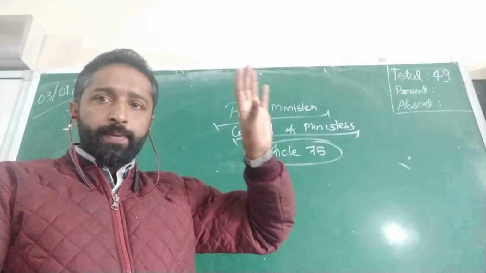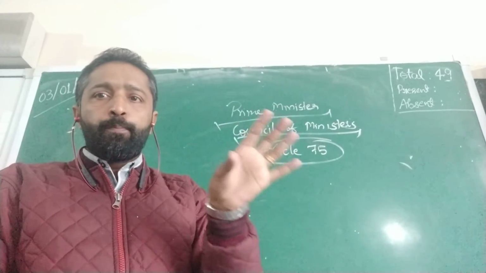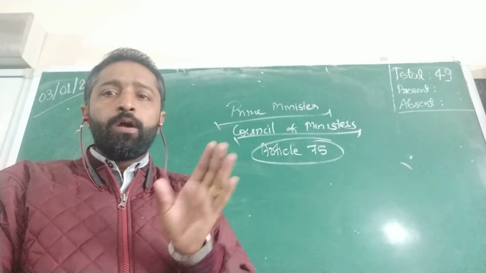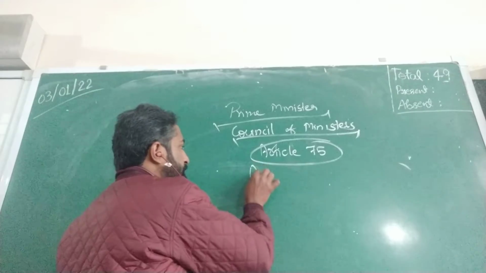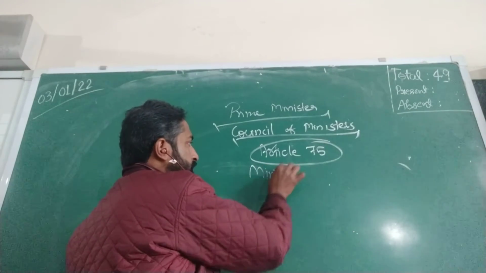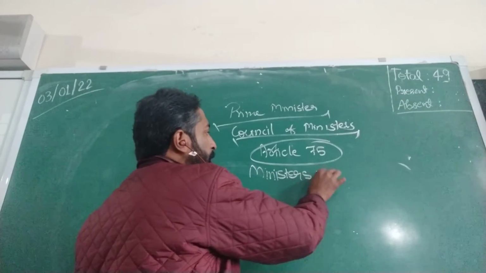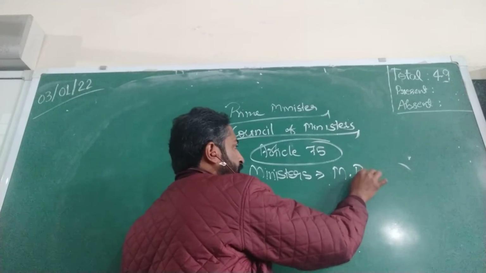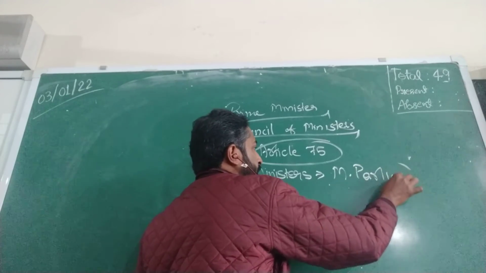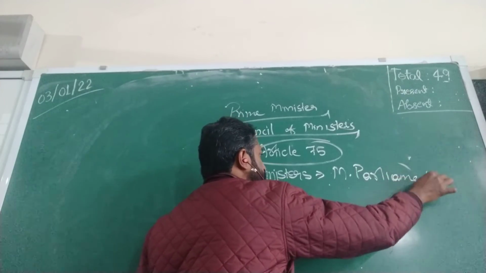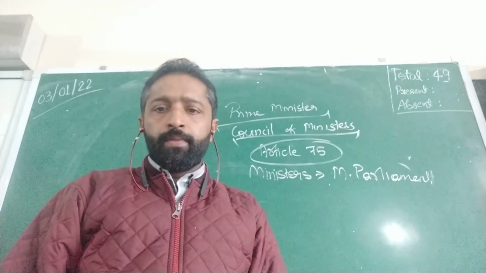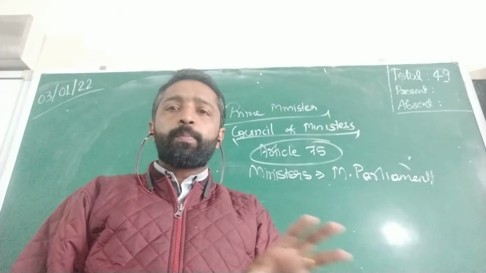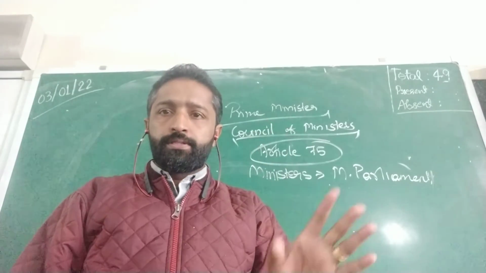Which means there will be the Prime Minister and the ministers appointed by the President of India on the advice of the Prime Minister. And these ministers must be members of Parliament. If a person wants to be a minister, that person must be a member of Parliament. And what happens if a non-member of Parliament is appointed as a minister?